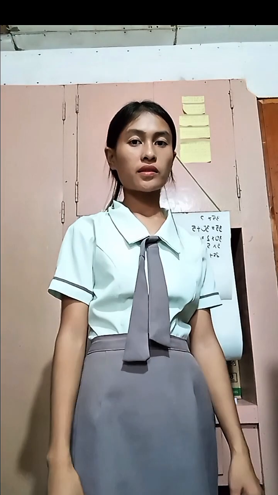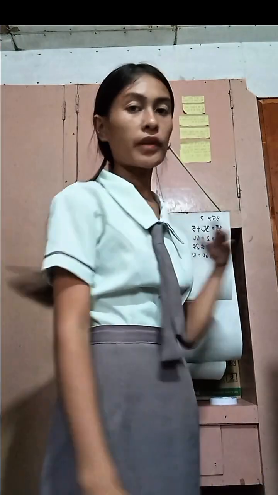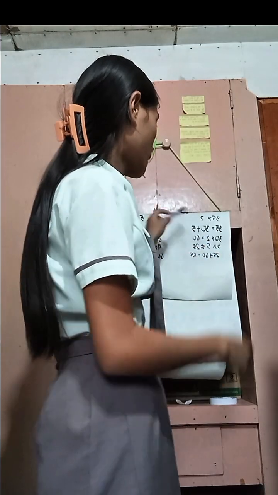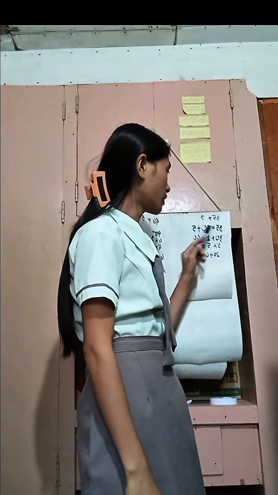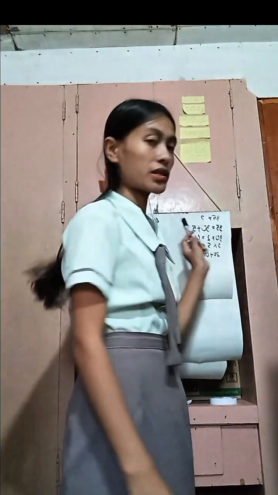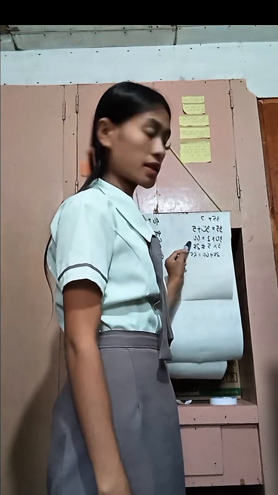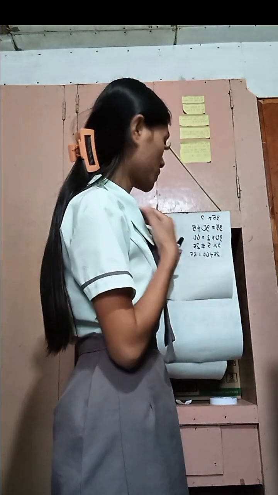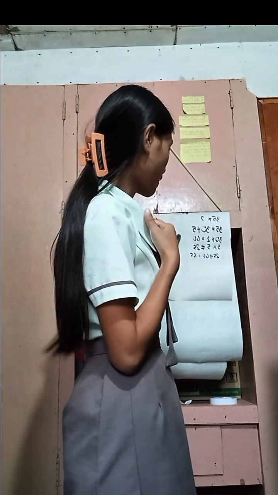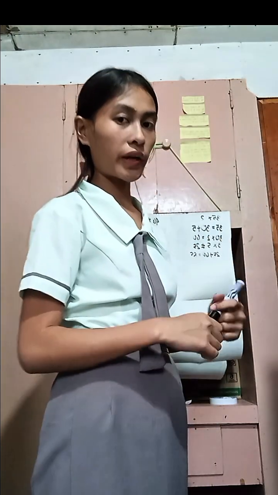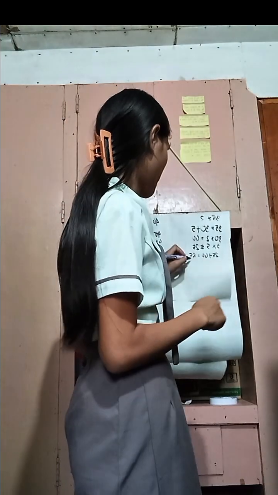Now let's check if the answers are correct. 35 times 2. Let's separate that number: 35 into 30 plus 5. 30 times 2 equals 60. 5 times 2 equals 10. Let's add the products. 25 plus 60 equals 85. Is it correct? Yes, it is correct.